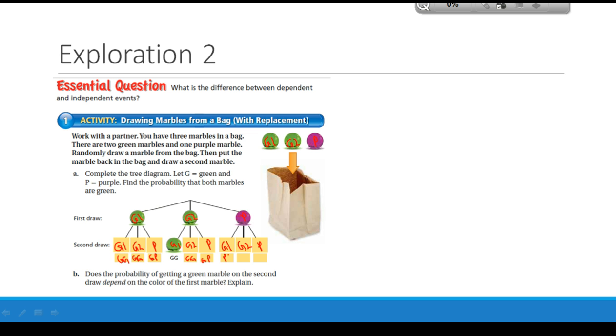And this would be purple green, purple green, or purple purple.